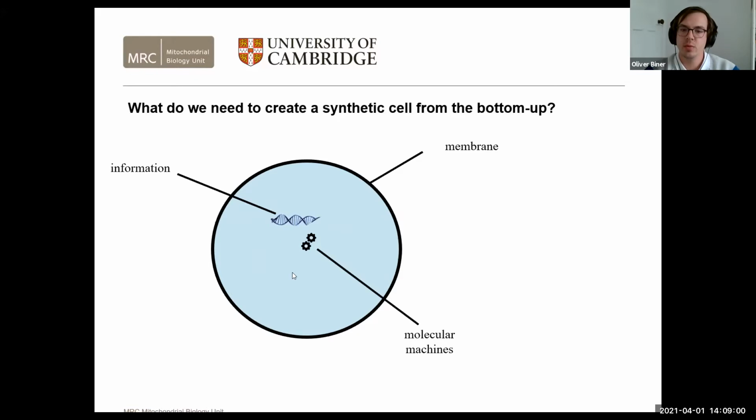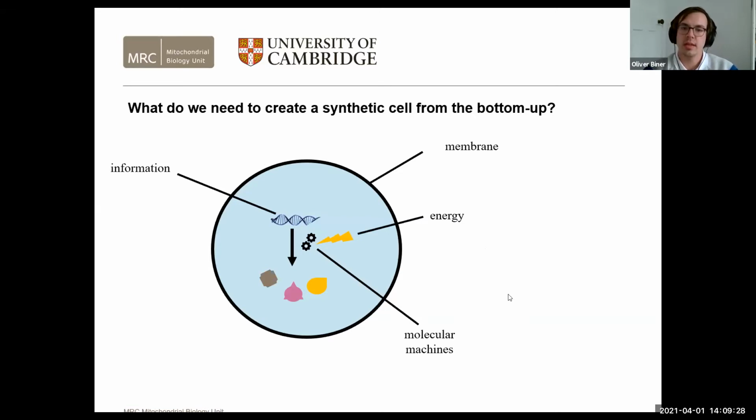Then we would need molecular machines to translate the information stored in the genome to something useful. We need an energy source, and only then will we have a true synthetic cell. So at the moment, we try to assemble all these individual modules, and in the future, we hope to bring them all together to create a synthetic cell.